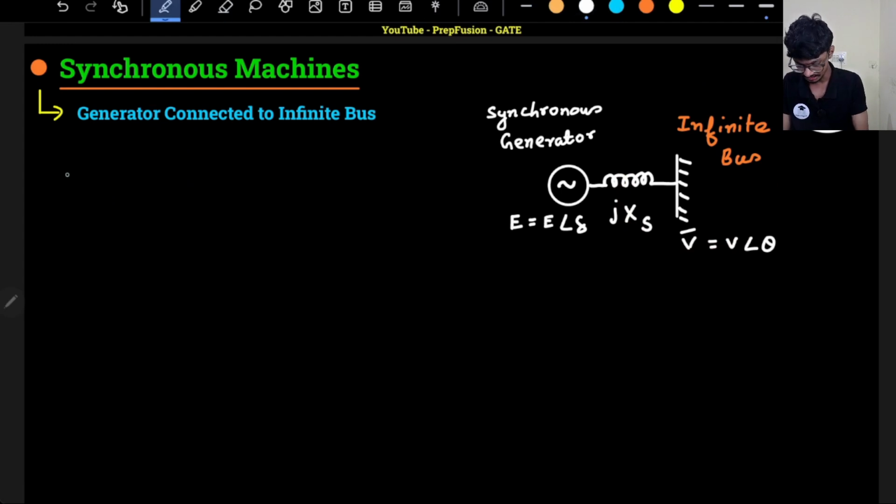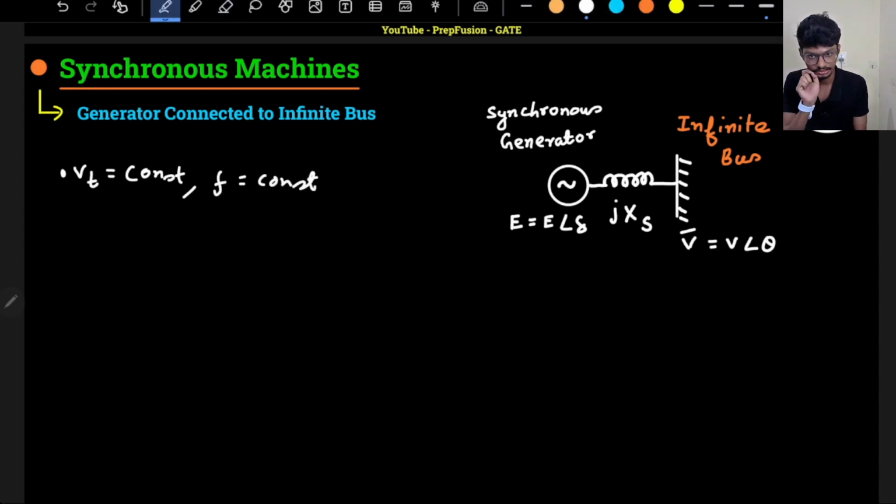So the conditions I will apply are: Vt is constant, and the frequency is constant.